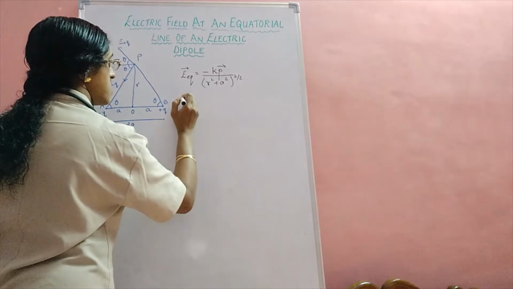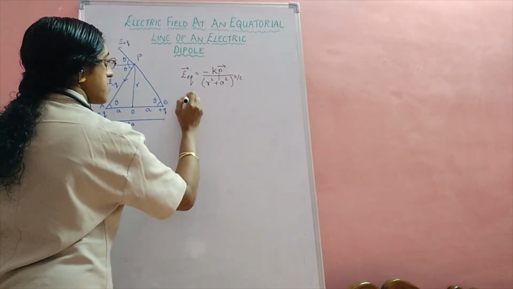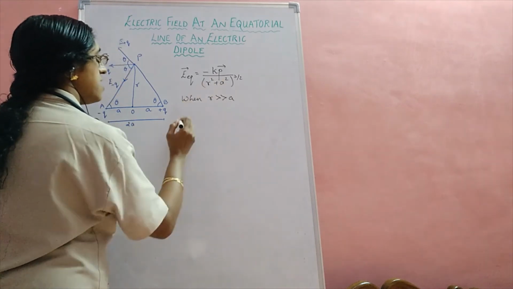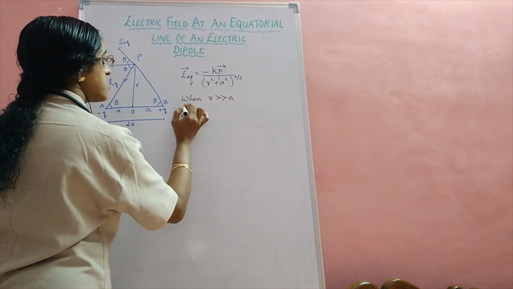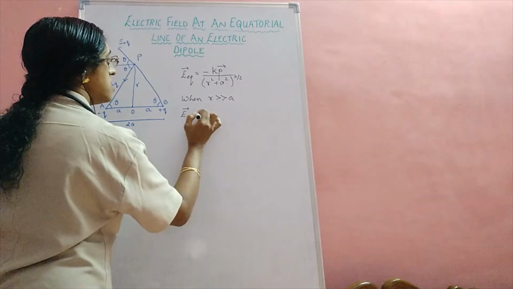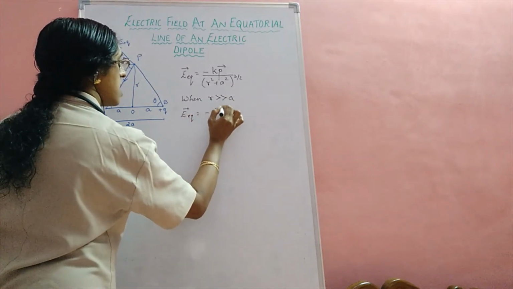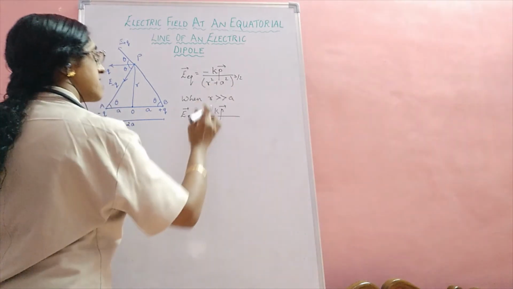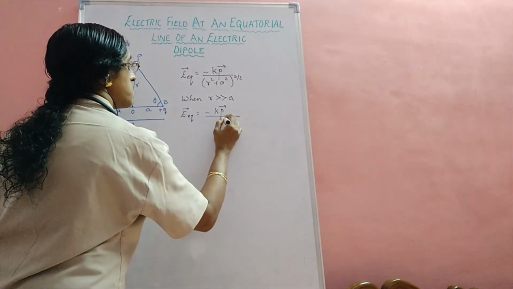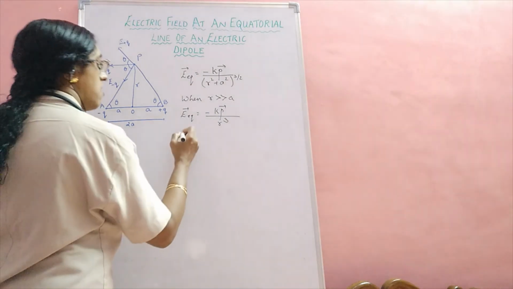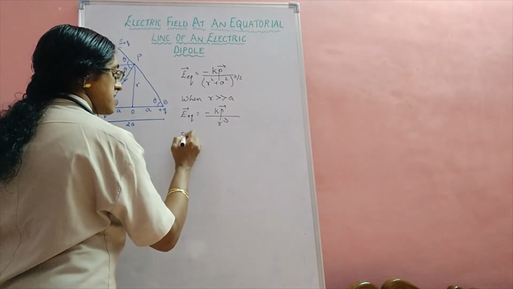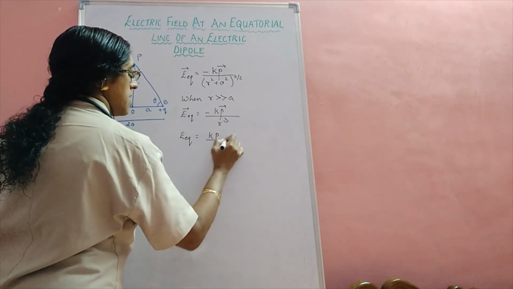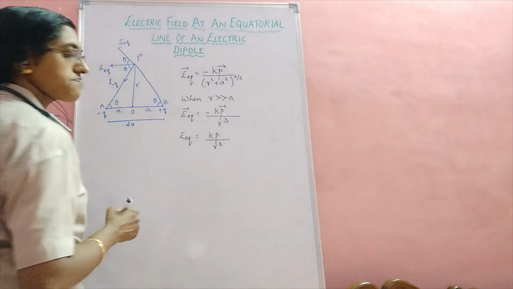So, in such a case, when R is much greater than A, this can also be written as E equatorial is equal to minus of Kp vector upon, A would be neglected, so it comes out to be R cube, or magnitude wise E equatorial is equal to Kp by R cube.